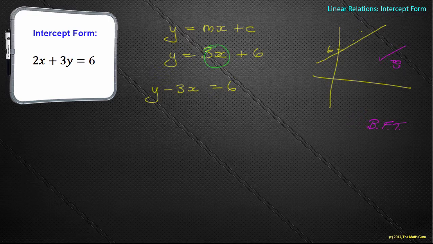They've moved the 3x to the other side, and I've got y minus 3x equals 6. Well, as it says over here, that is called my intercept form. Why would that be called my intercept form? Well, it turns out that it allows us to draw our graph really quickly because it uses a bit of information. Now, there's a bit of background learning.